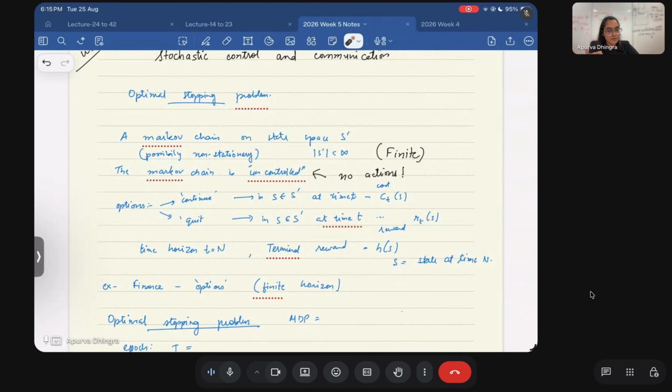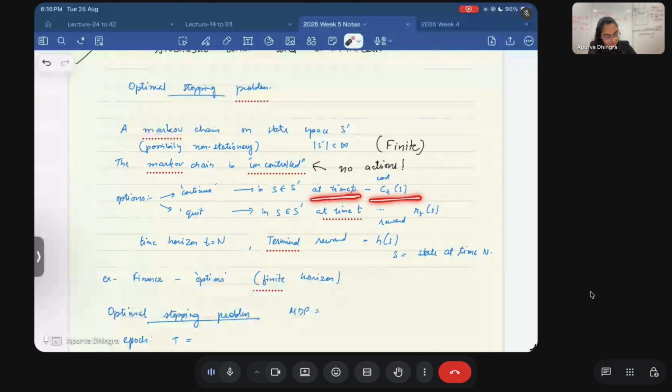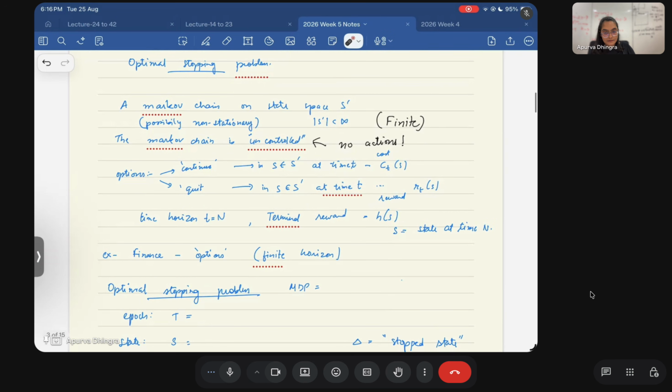Once you stop that process, something in the background continues, and you've transitioned from some state in S dash to some state in the uncontrolled Markov chain. If you decide to continue, there is a cost at time t. If you decide to quit, then there is a reward at time t for stopping the process. You can think of this process as continuing over a finite time horizon.